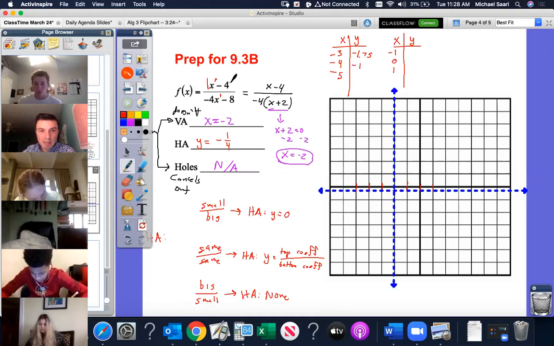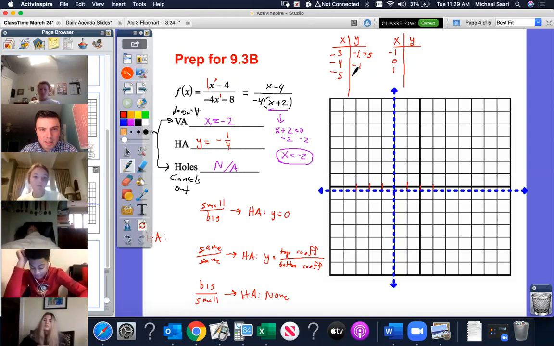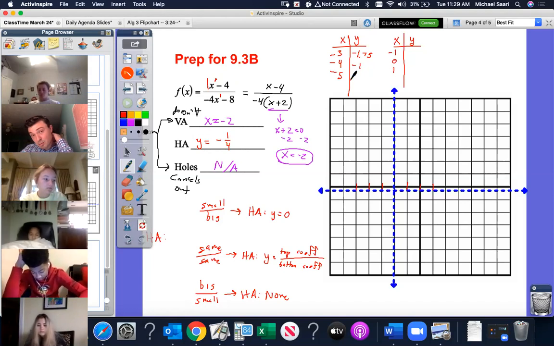And then when you plug in -5, you're gonna get, sorry, I would have a calculator for this, negative 9 over 12, negative 0.75.